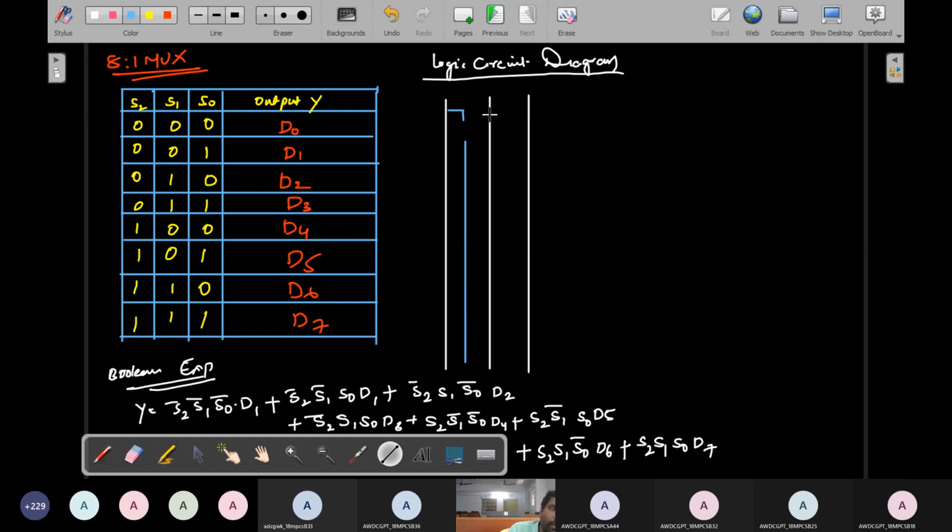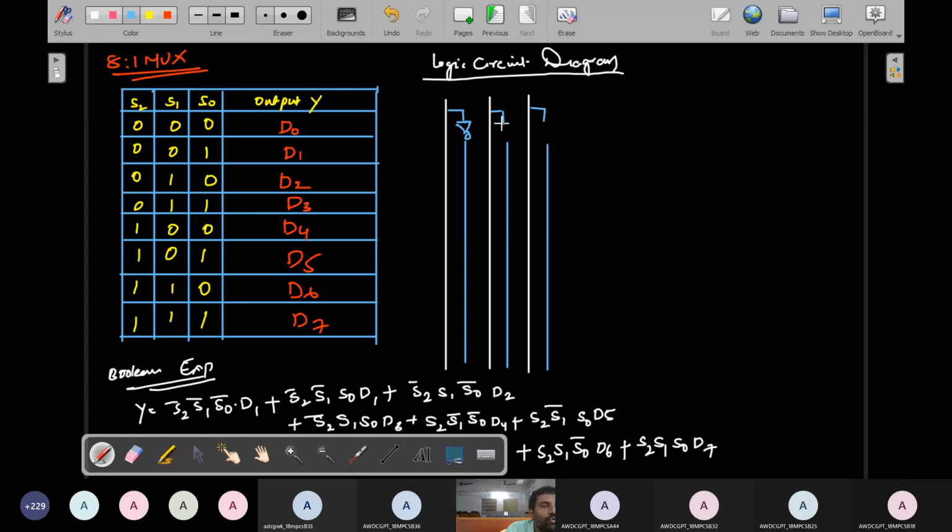This is the complement of S2, this is the complement of S1, and this is the complement of S0. So simply I take it through one NOT gate.